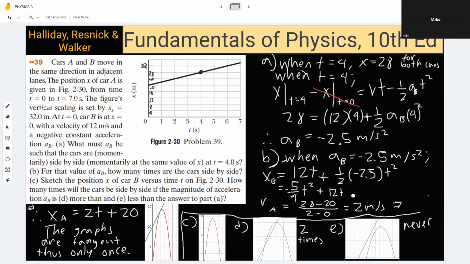Pareho sila ng actually, dyan lumalabas yung kailangan mo yung X versus T para sa A. Kasi i-equate mo yun dun sa X versus T ng B.